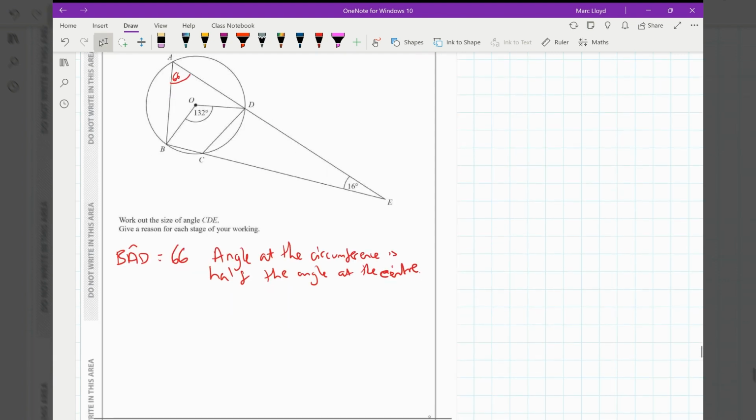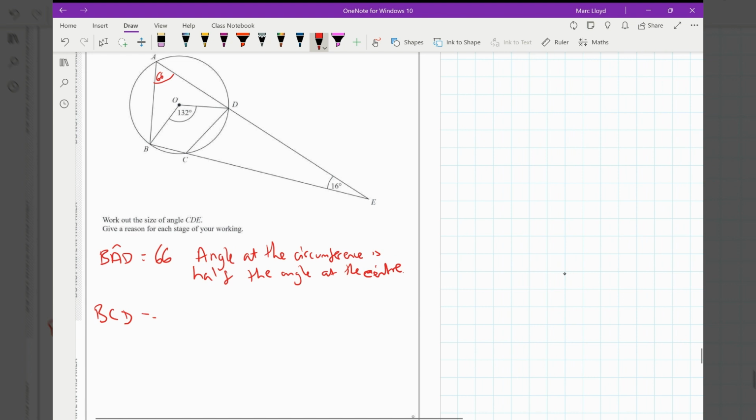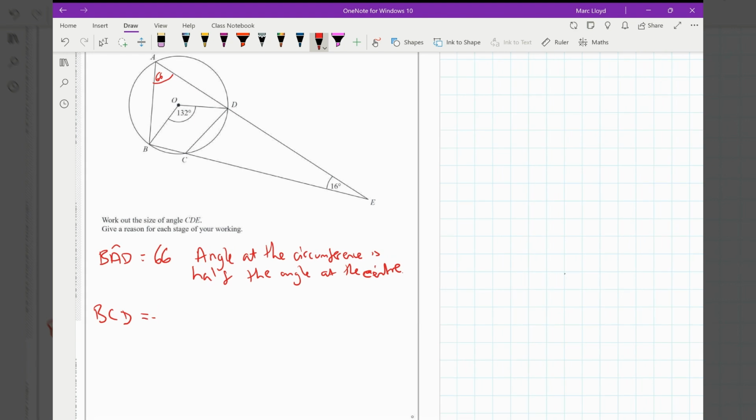Okay, we've got BCD is 180 take away 66, which equals 114 in there, because it's a cyclic quadrilateral.